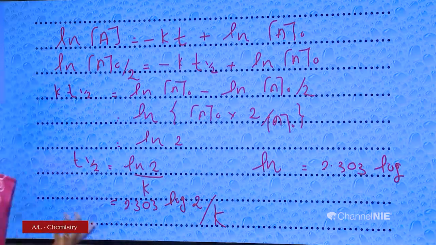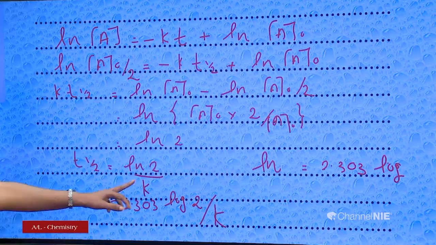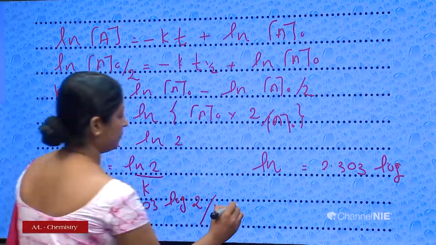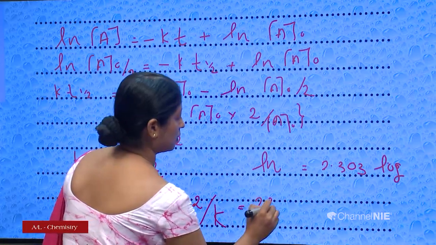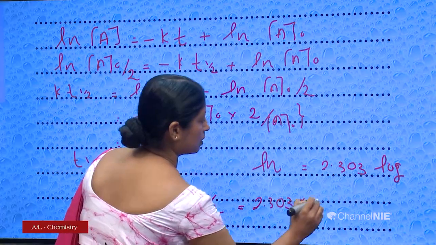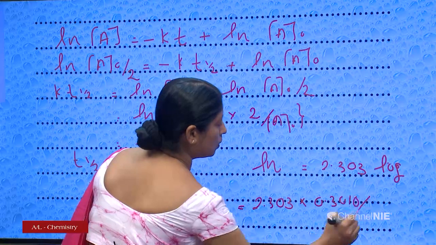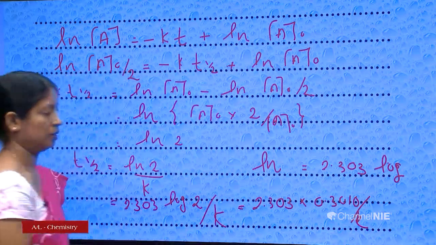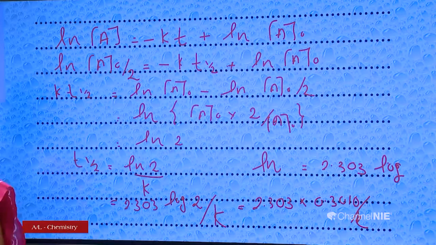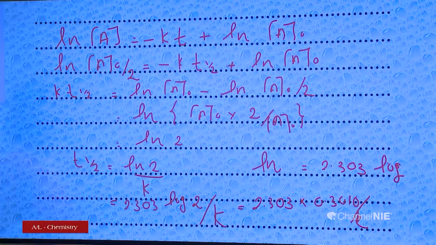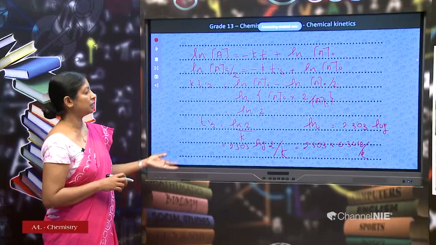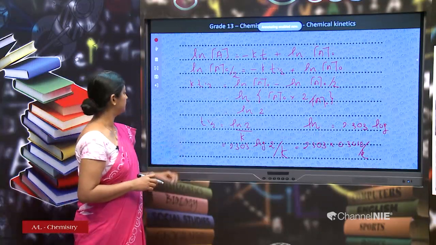You can see you will end up with the same expression, because log 2 is equal to 0.3010 over k. So, we get the same expression as earlier. So, in the exam do not worry whether it is given in the log version or in the ln version. You need to apply your basic maths knowledge to get the expression for the half life.